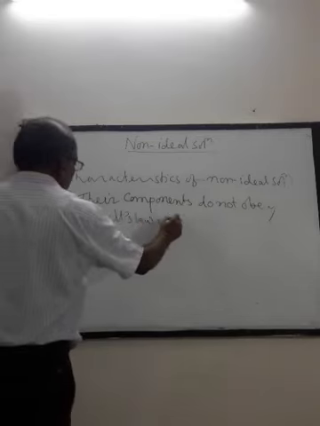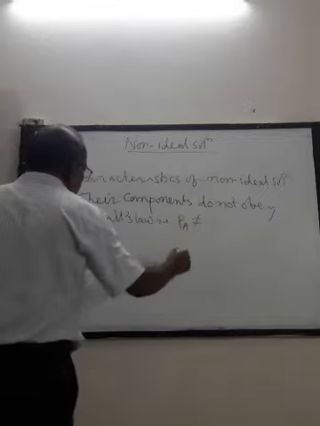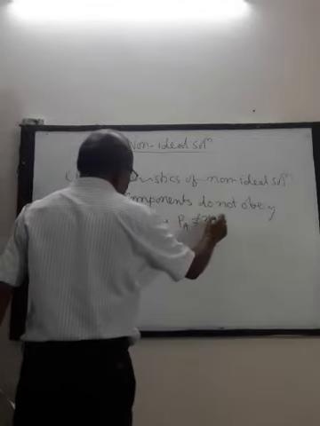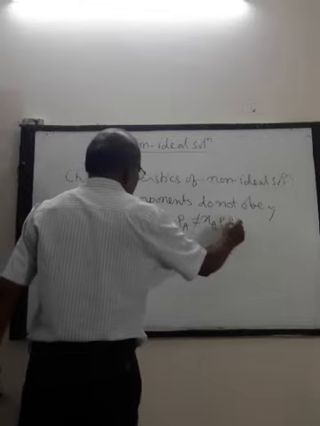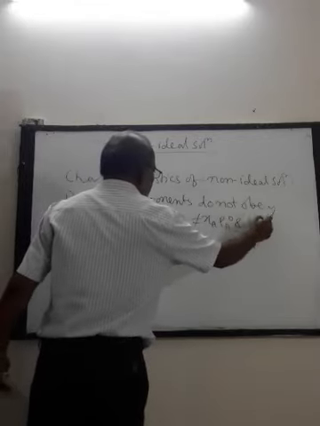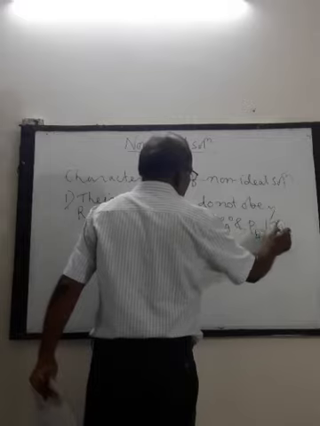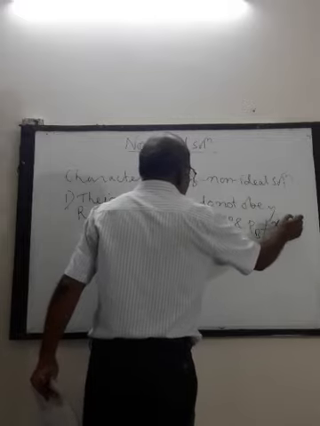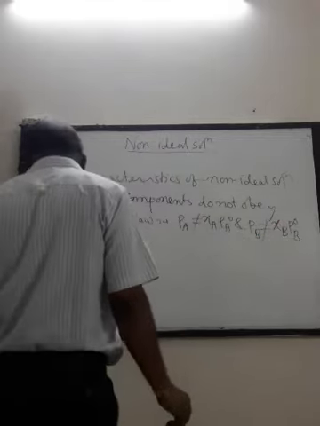That is, PA is not equal to XA PA naught and PB not equal to XB PB naught. So this is first point of non-ideal solution.